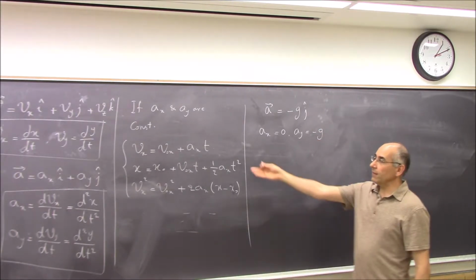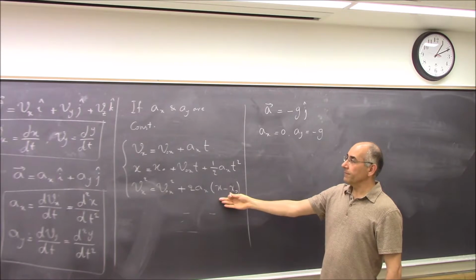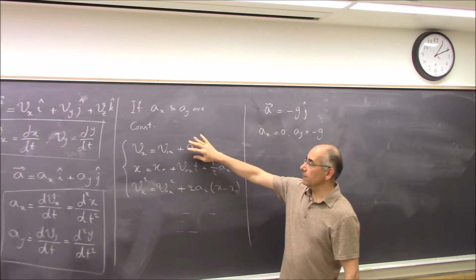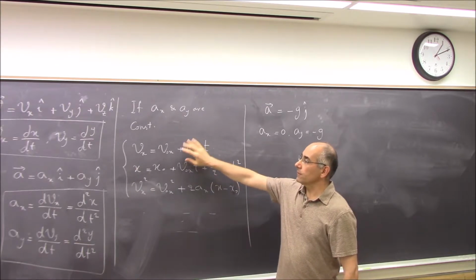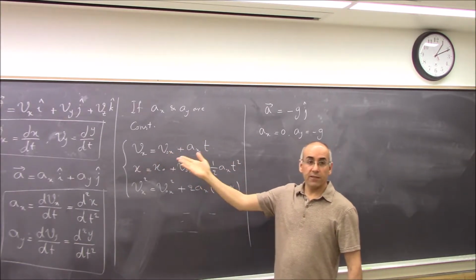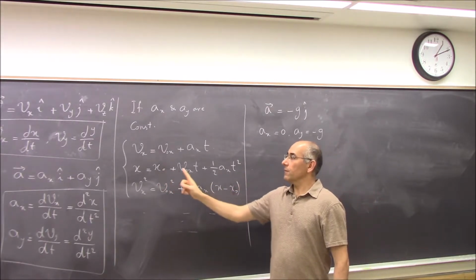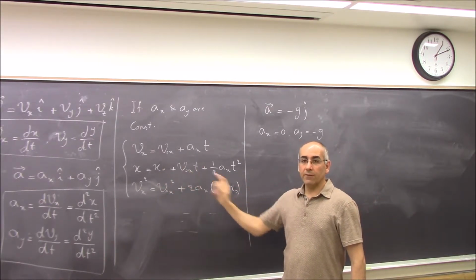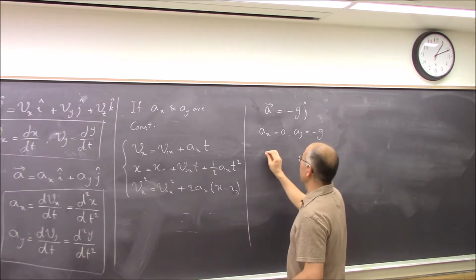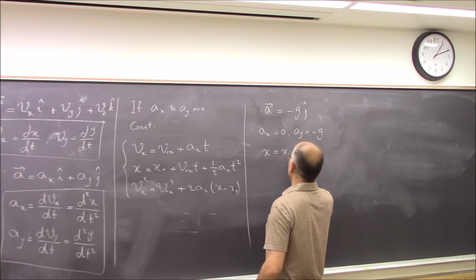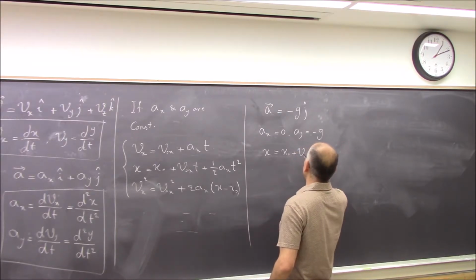If you have acceleration in the x direction 0, then for all of these equations, if you put ax equal to 0, it just gives you v in the x direction, doesn't change. This one says x is equal to x naught plus initial velocity in the x direction times t. Let me write this down. x equal to x naught plus v naught x times t.